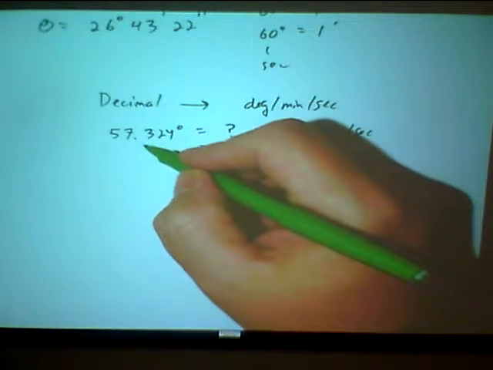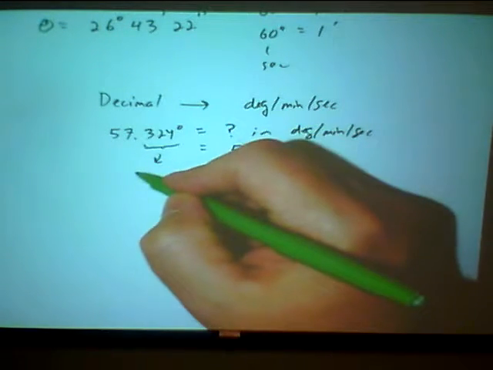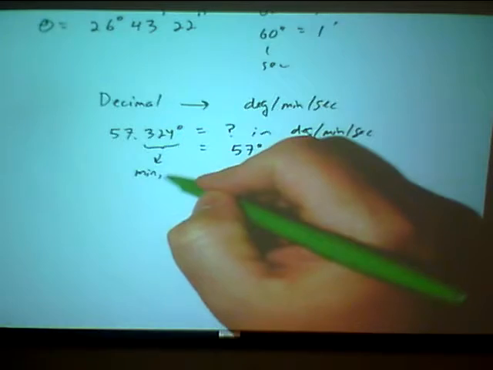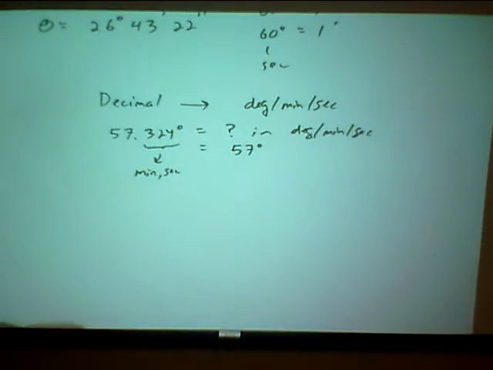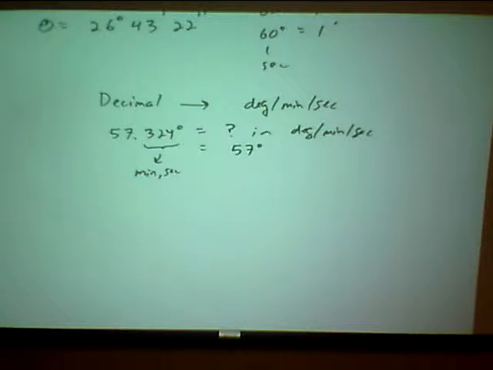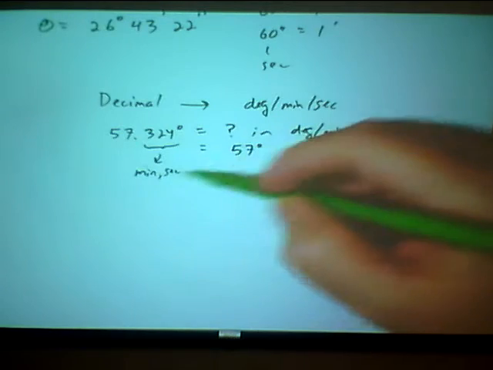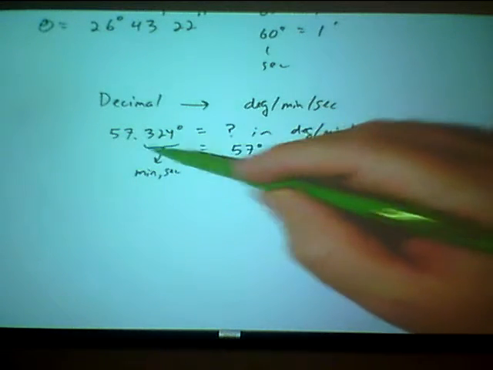So the 0.324, just the decimal part, is what I have to figure out what that is equal to in minutes and seconds. And then I can rewrite my number in degrees, minutes, seconds.